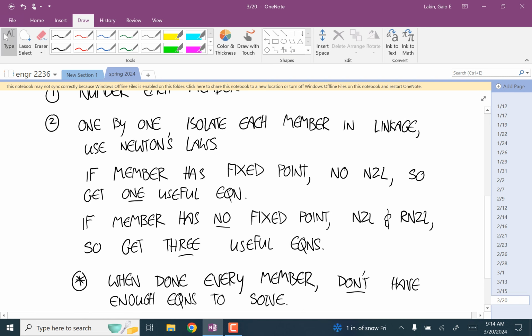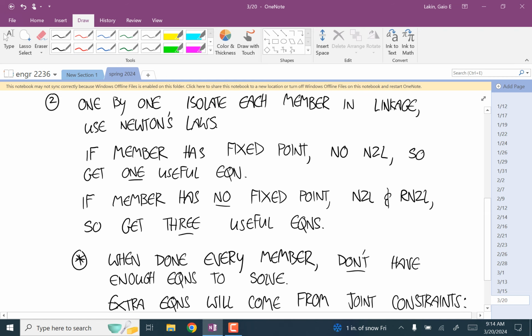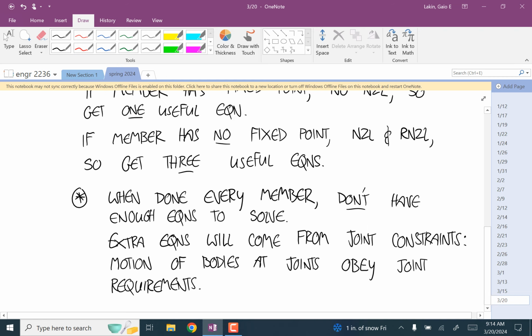Okay, but all right, we're still going through these steps. And so this step is we just go through rigid body analysis for each body. And then it says, okay, but that's not going to be enough.